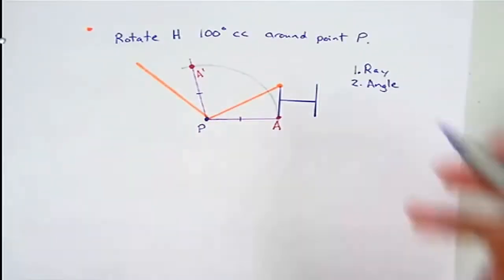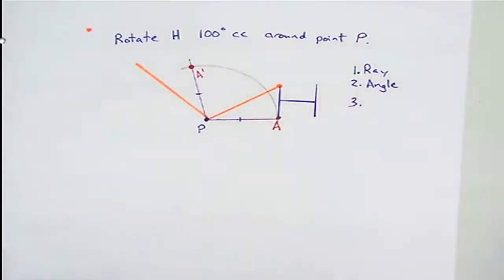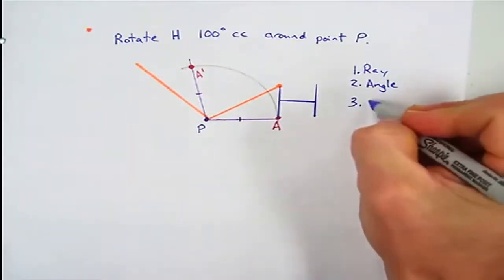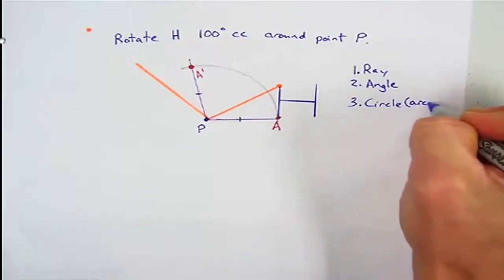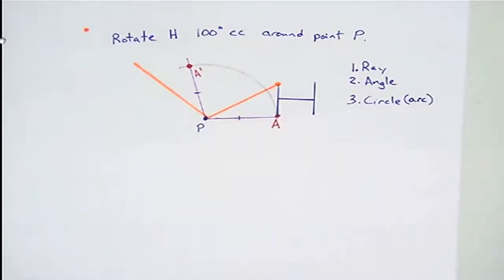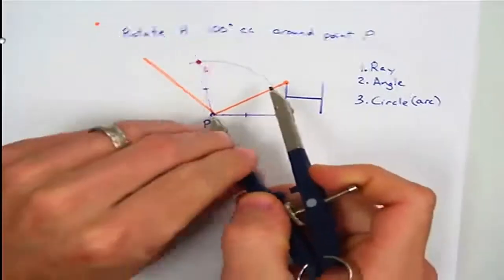Okay, and then number 3, we make a circle. We're not making the whole circle, which is called an arc, but it's the same concept. So we set P as our center.